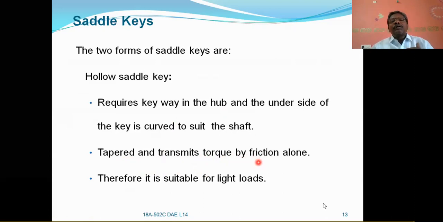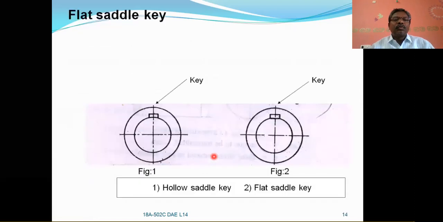The hollow saddle key is suitable for light loads only because, as its name says, the bottom of the saddle key is in the shape of a curve which fits over the shaft. This is the key and this is the hub of the mounting. This is all about the hollow saddle key.